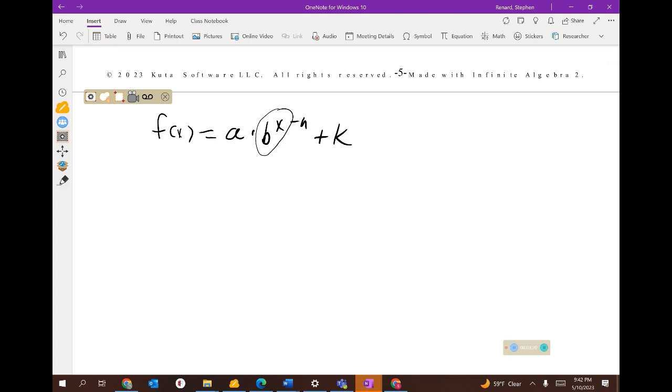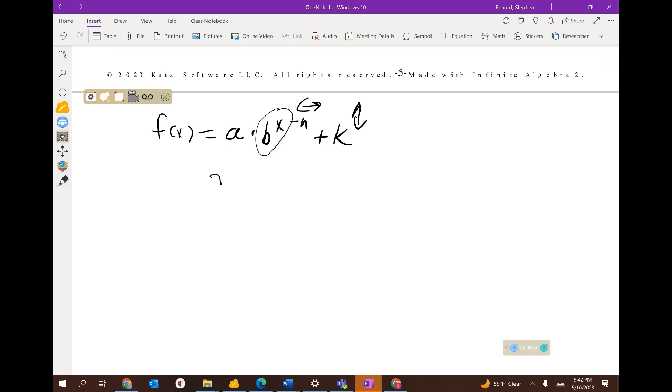Now, I'm going to draw out four versions of this that kind of cover everything. Now, we know h moves left and right, k moves up and down. h is for horizontal, left, right. k is for vertical, up and down.